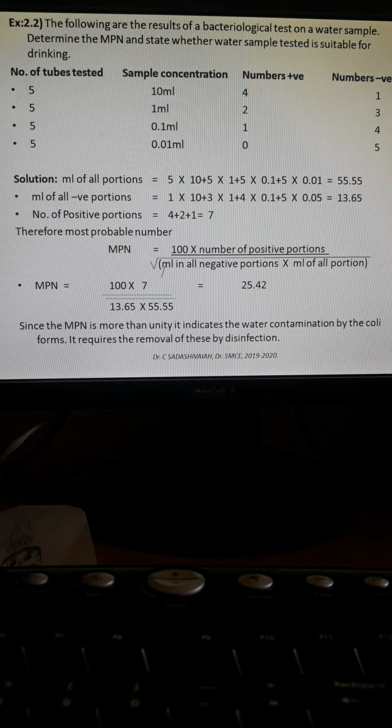And in the third set where 0.1 ml sample was dispensed, only one indicated positive, therefore ml in negative portions will become 4 into 0.1 ml, that is 0.4 ml.